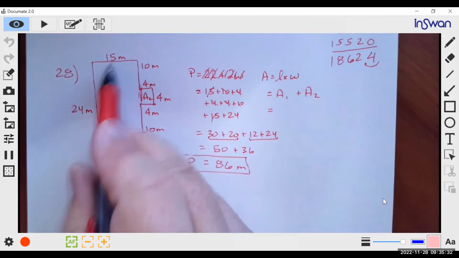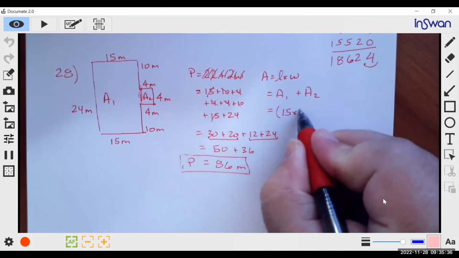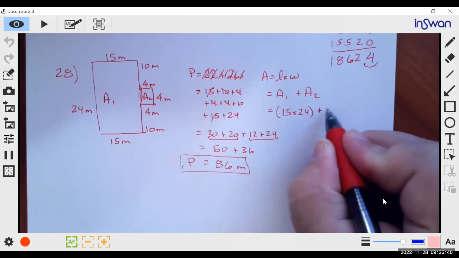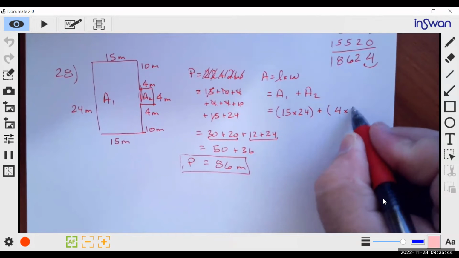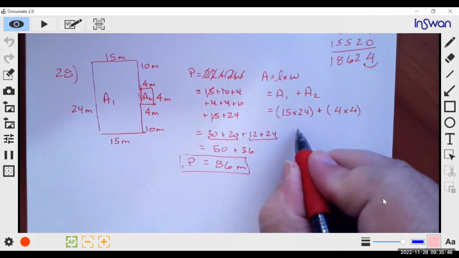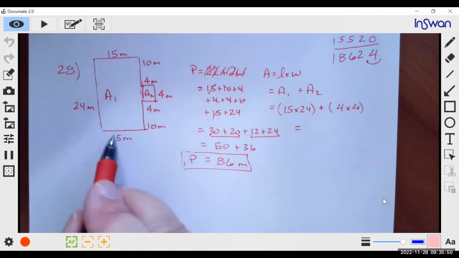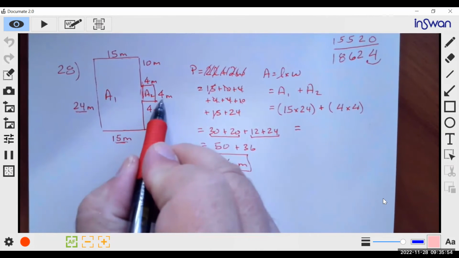The area of this first big box is 15 times 24, and the area of the smaller box is 4 times 4. Because we have the first big box here, 15 by 24, and the second box is 4 by 4.